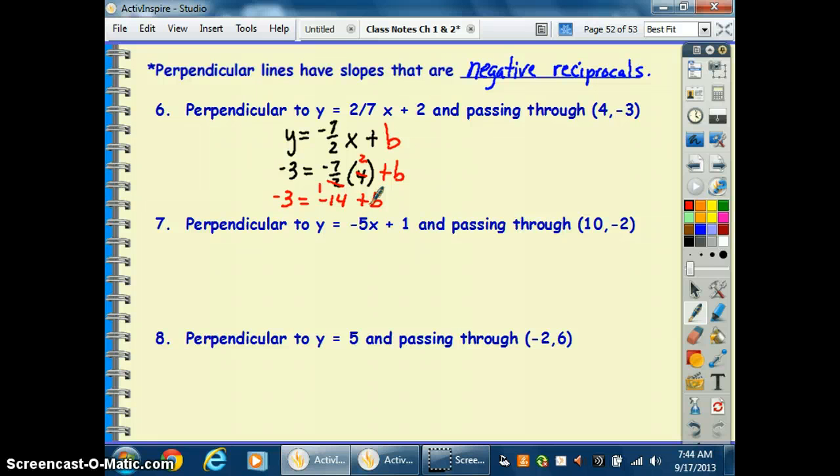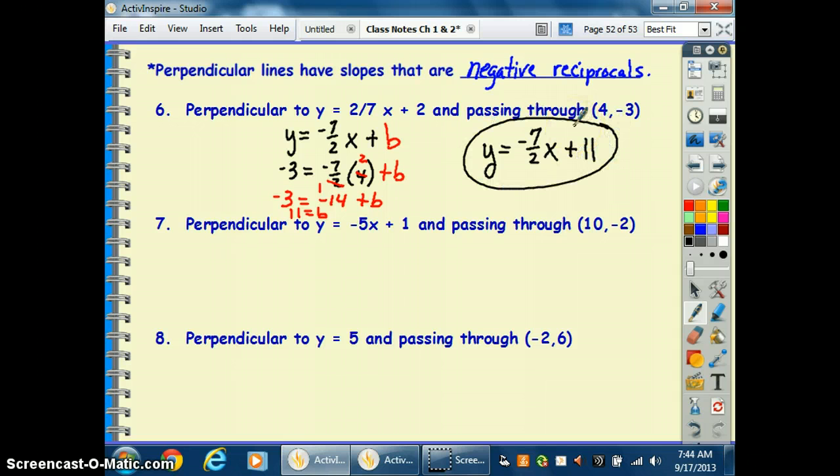Add 14 to both sides, and you end up with 11 equals b. So our equation for a perpendicular line would be y equals negative 7/2 x. Remember, it's the negative reciprocal of that. And our b is plus 11.